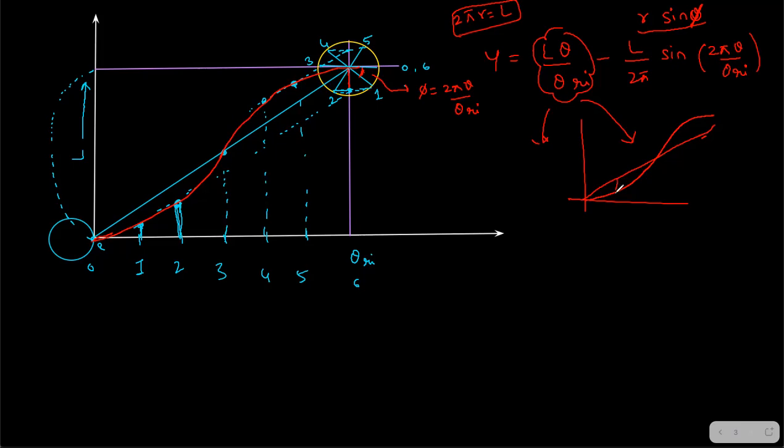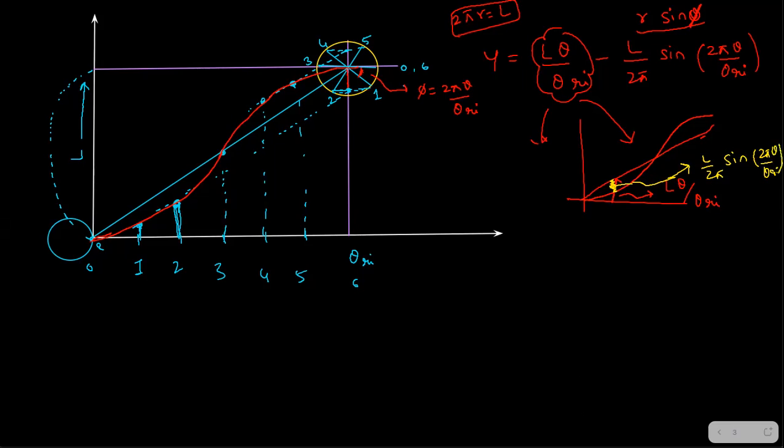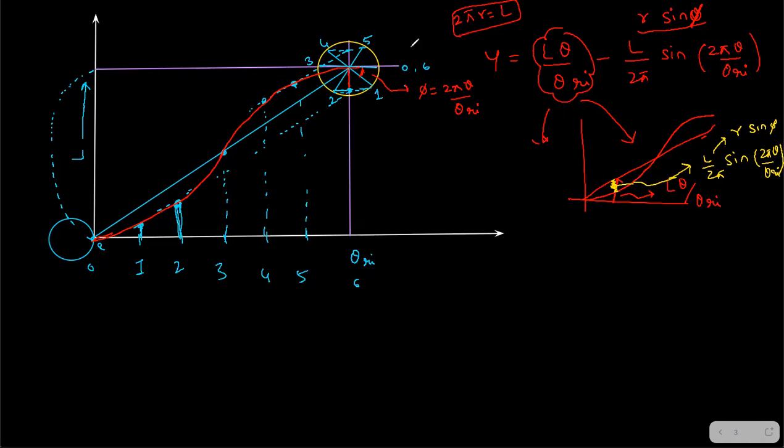So you can see that this total height is L theta by theta Ri, and from this you are subtracting this value, L by 2 pi sine 2 pi theta by theta Ri, where L by 2 pi is R and this remaining value is phi, right? Hope each and everything is clear.